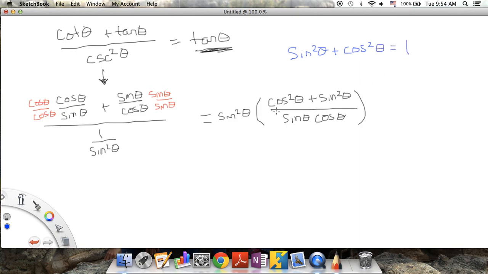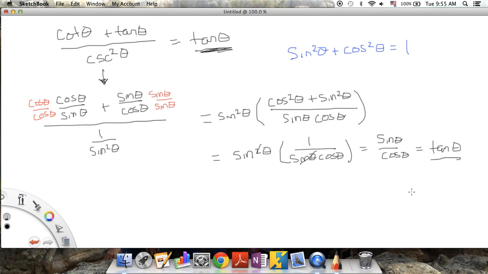So what do we have on the top here? We have 1. So that means we have sine squared theta times 1 over sine of theta cosine of theta. Well, one of those sines can cancel, and we're left with sine theta over cosine theta, which we know is tangent. And we've got our end goal there.